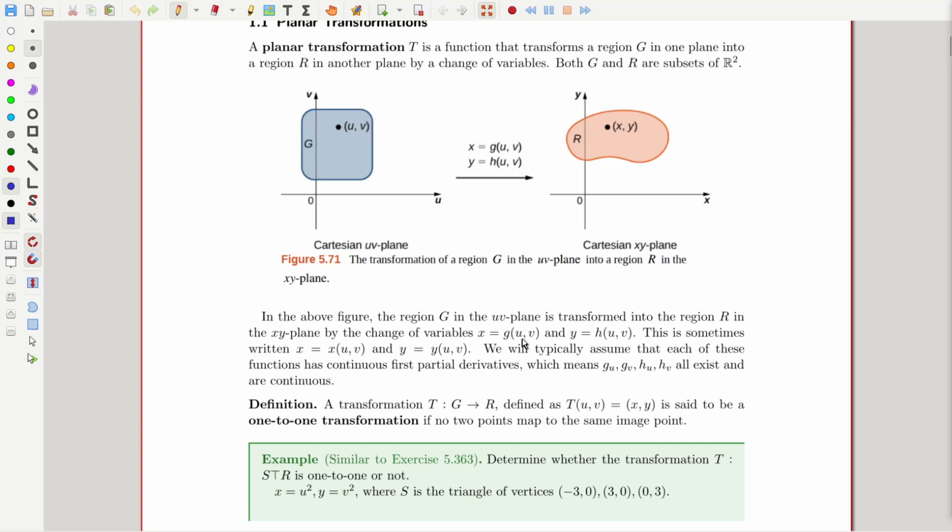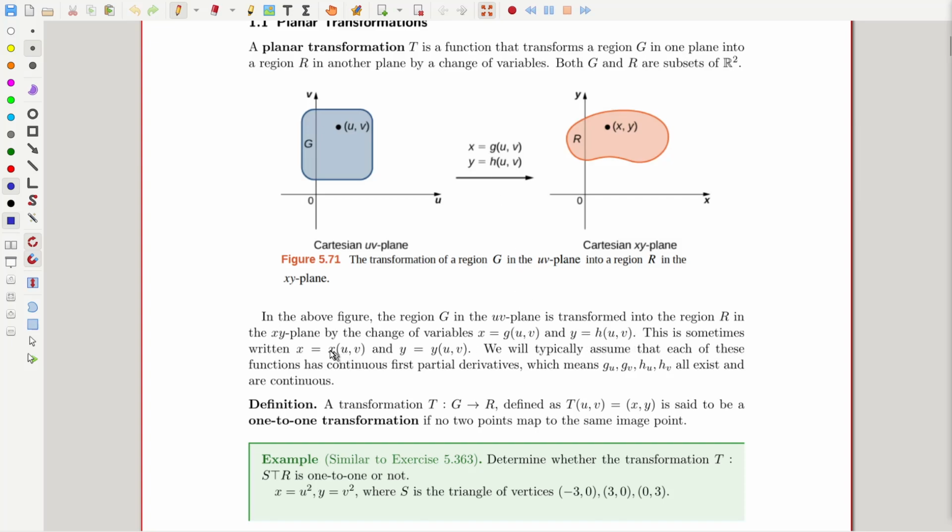Now we're just describing things a little bit further. So x you can think of as a function of u and v, and y as well can be gotten as a function of u and v, and these are given different names, g and h.